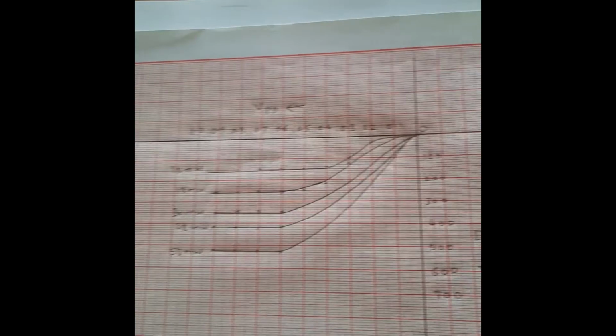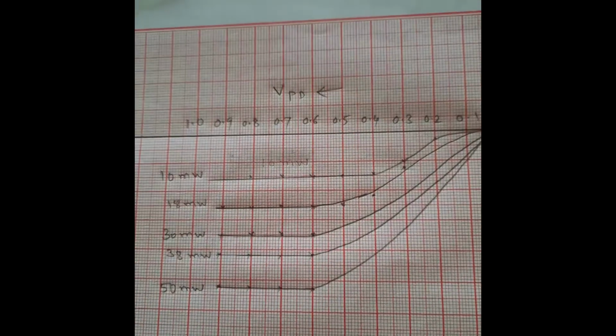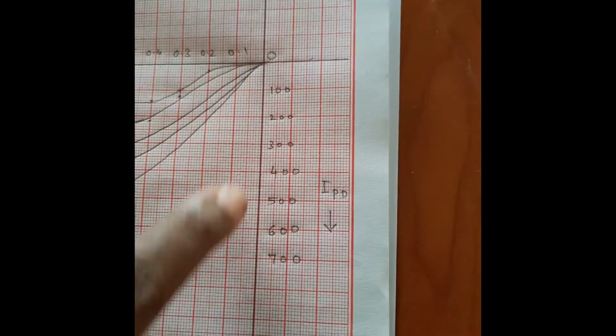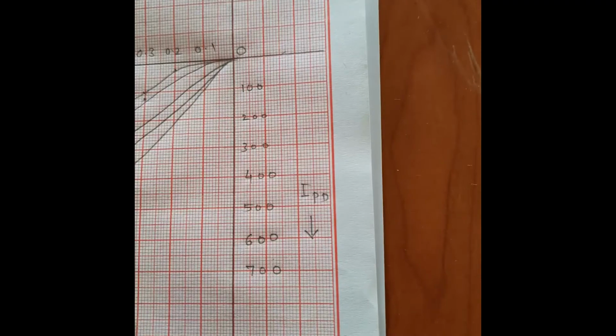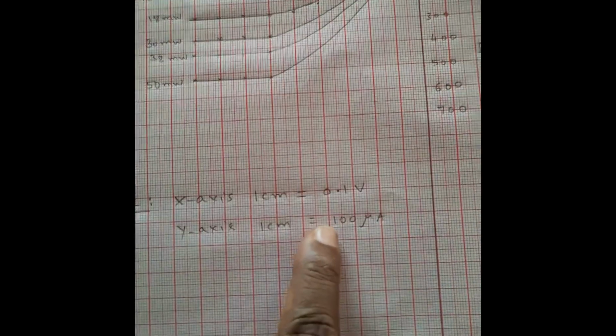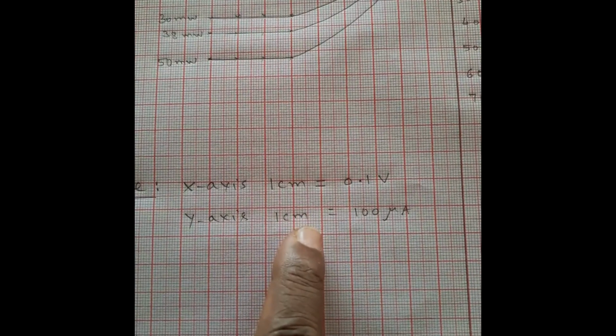The negative voltage comes into the picture because the diode is under reverse bias, and current is taken along the y direction. Here 1 centimeter along the y-axis is 100 microamps, and along the x-axis 1 centimeter is 0.1 volts, which is the scale fixed here.